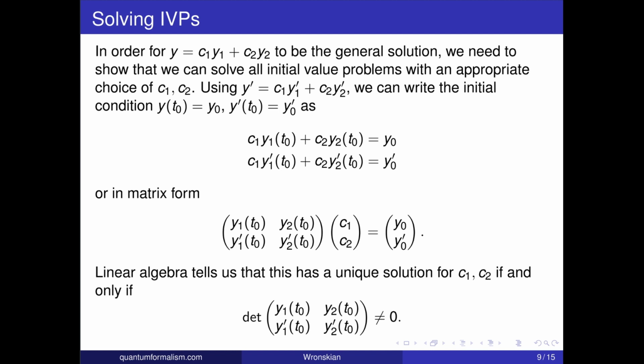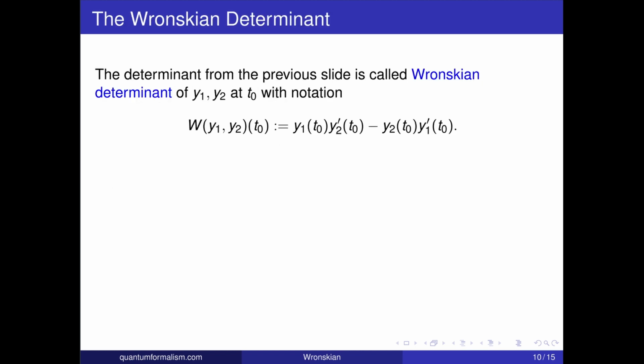And so that will lead us to the following definition. This determinant of that matrix is called the Wronskian determinant of the solutions y1, y2 at the point t0. So we'll use this notation W of y1, y2 at the point t0.